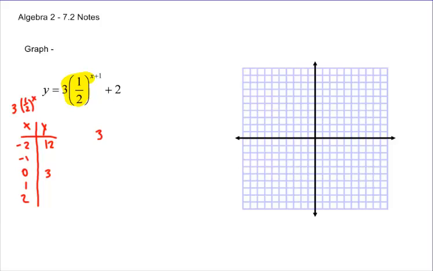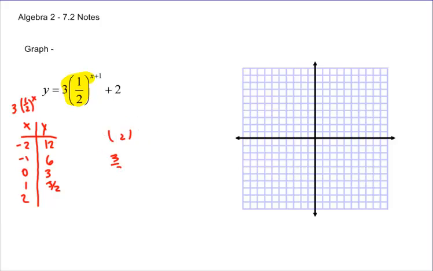Next up is going to be 3 times 1/2 to the -1, which is the same thing as 3 times 2 to the first, which is 6. And then 3. And then we get on the other side of that equation. Now we're going to look at 3 times 1/2 to the first, which is 3/2.